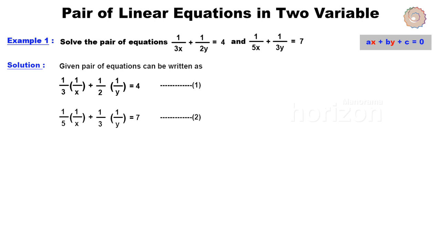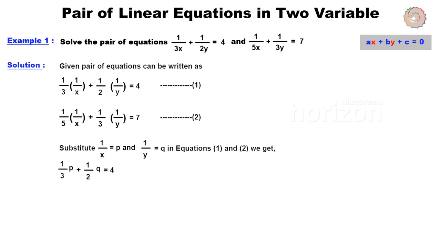However, if we substitute 1 by x equals p and 1 by y equals q in equations 1 and 2, we get 1 by 3 p plus 1 by 2 q equals 4 and 1 by 5 p plus 1 by 3 q equals 7.